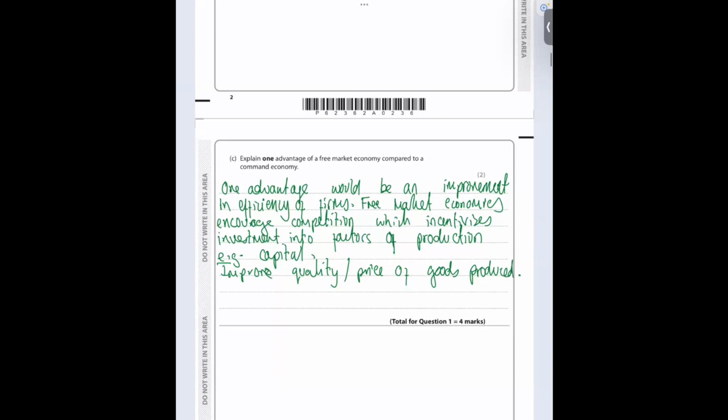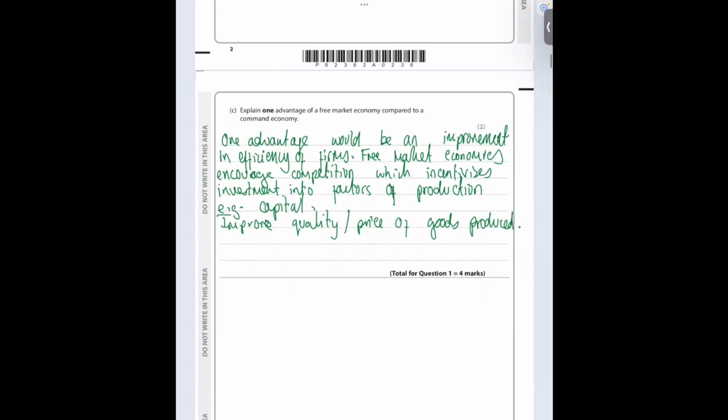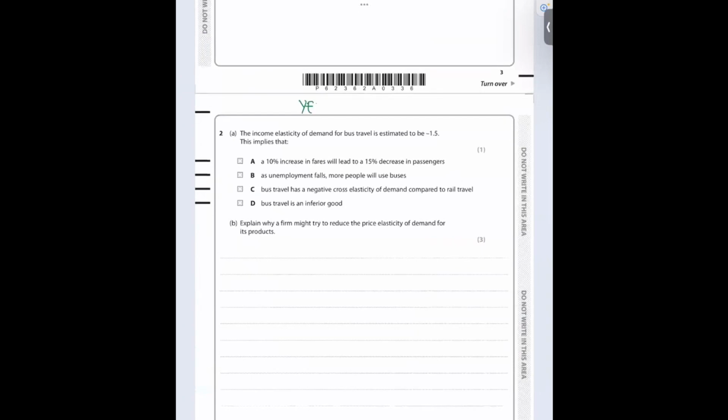Okay, the income elasticity of demand for bus travel is estimated to be -1.5. Okay, so YED is an interesting thing. I typically explain it to myself using a scale. So we've got 0 to 1, and then anything to, let's say, minus infinity. Anything below 0 is basically an inferior good, meaning that when your income falls, you're going to start buying it. Between 0 and 1 is a necessity.